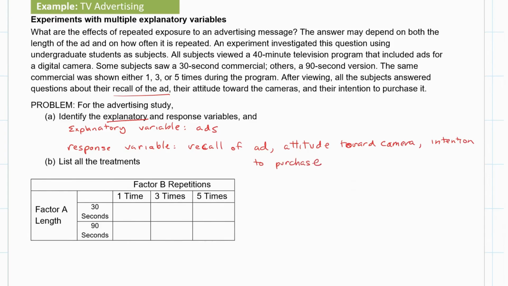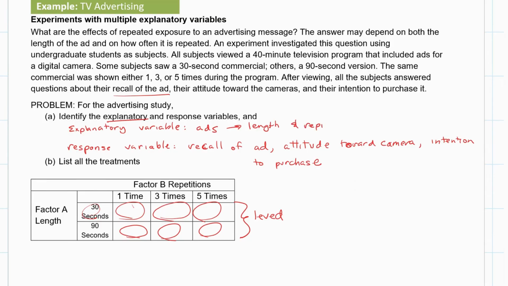Okay, list the treatments. Well, here are all of the treatments. All six of them are in those boxes. Did they watch it one time with a 30-second ad? Did they watch it five times with 30-second ads? By the way, the split between 30 seconds and 90 seconds, that's a level for that particular factor. The explanatory variables are the ad's length and repetition.